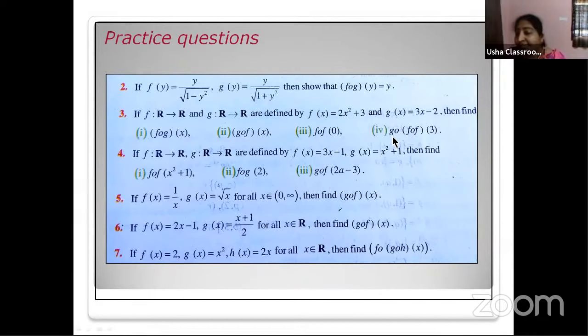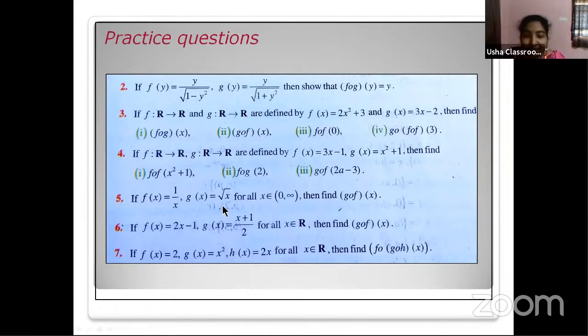Here it is g of f of 3. First you calculate f of 3. That f of 3 value, you will again substitute in the function. Then the value you're getting, you will substitute in g and you will finally end up with the answer required.